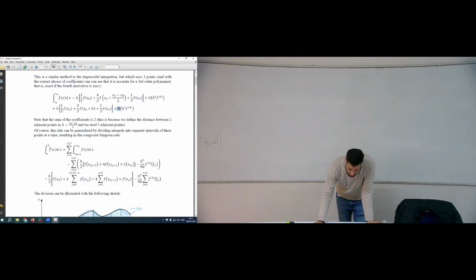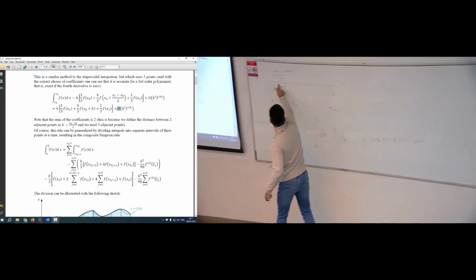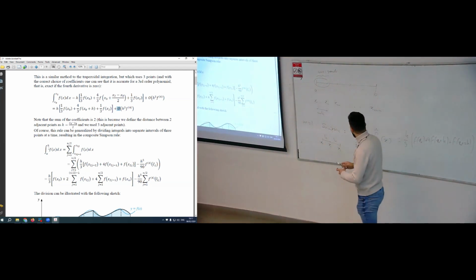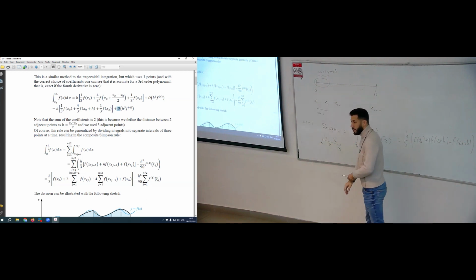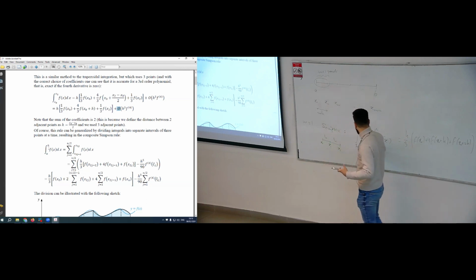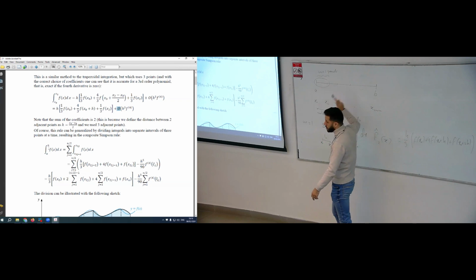And when we use the composite Simpson method, which is taking all these segments from A to B, we have the integral here plus the integral here plus the integral here. So we have the approximation as the sum of our approximations here, like this. And the error is the error here plus the error here plus the error here.